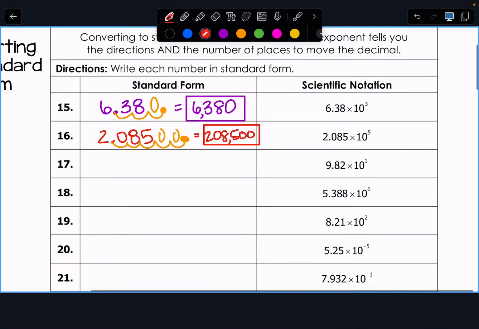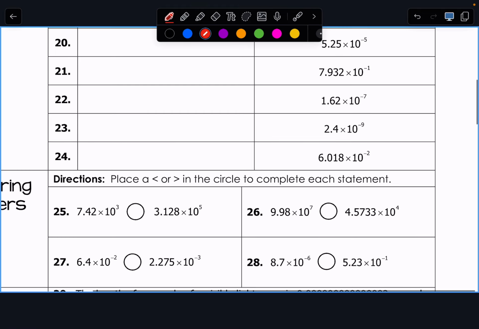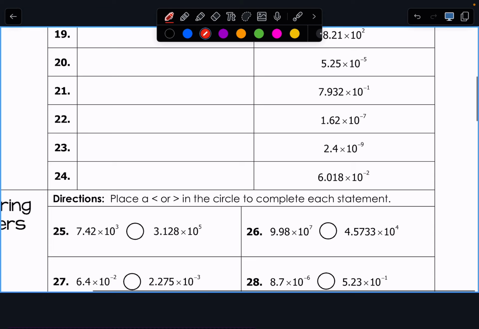Now let's come over to number 20. What kind of number is number 20? It's a negative exponent, which makes it not big, but super duper small. It's a number that's less than 1, because it's a super small decimal. So let's write 5.25, and I'm preparing myself: I'm going to have to move my decimal the other way, so I gave myself some space.